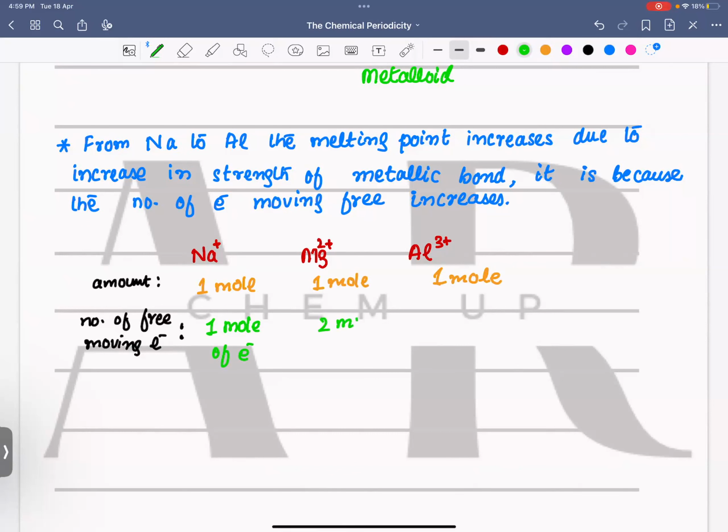Here we have and here there would be 3 moles of electron. Is this point understandable to everyone?